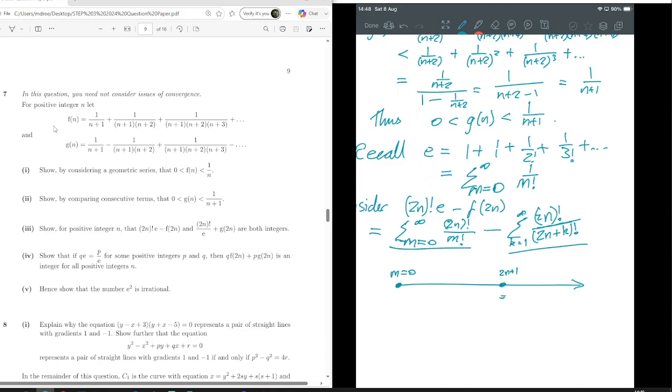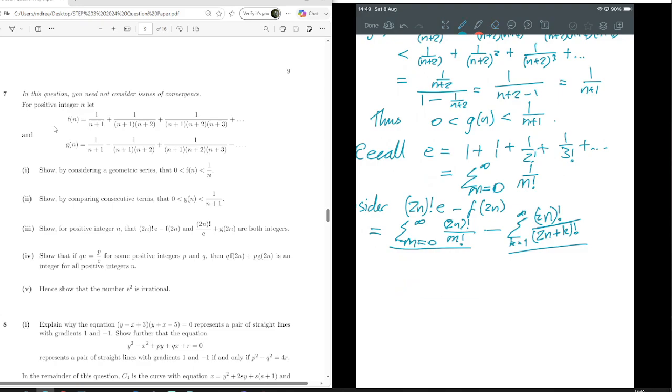Well, if I subtract off the sum from 2n plus 1, I'm left behind exactly with the finite sum here. So actually these two sums are summing the same thing, just in a slightly silly way.